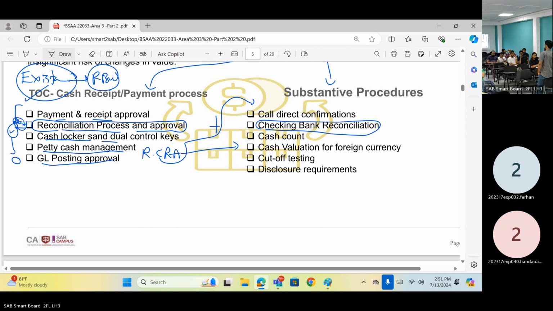There may be checks they have issued, but still those checks may be in the company drawer. Then we need to check whether exactly we have handed over this check to the particular supplier or party.